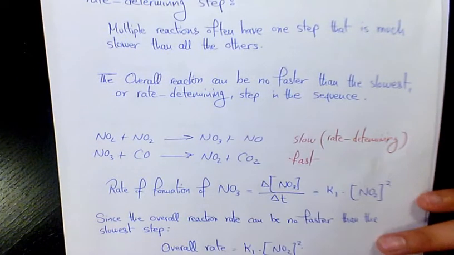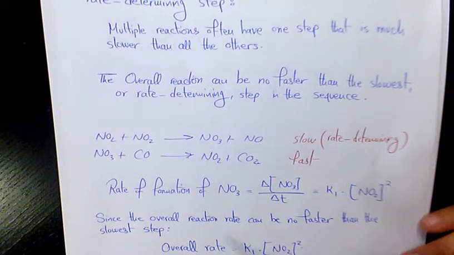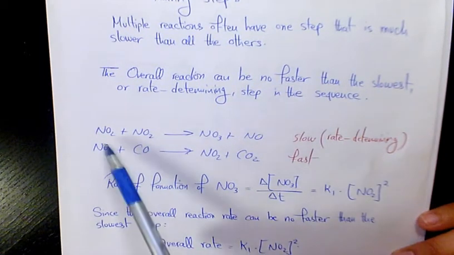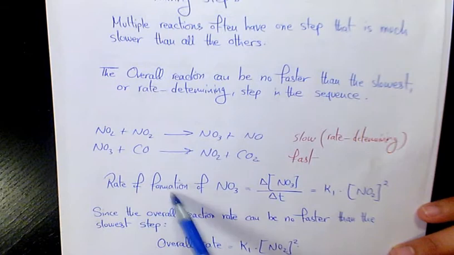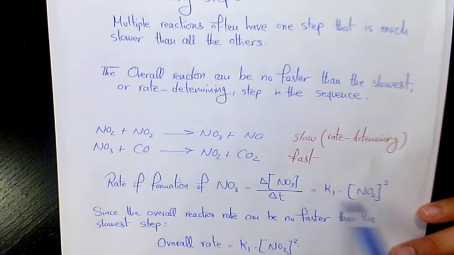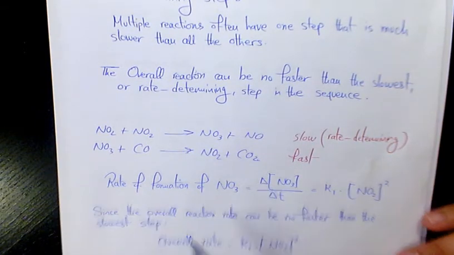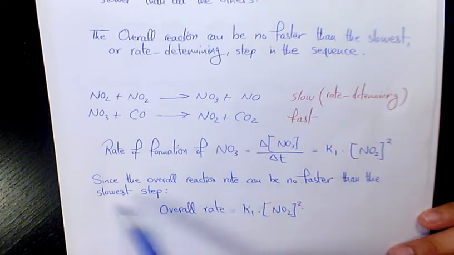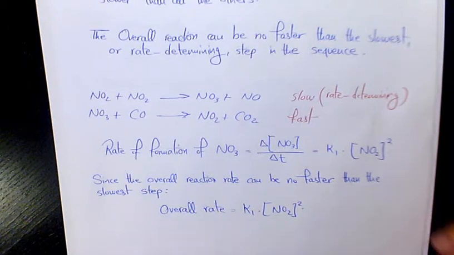For instance, in these 2 elementary steps, the first one is the rate determining step because it is the slowest one. So that's why the rate of formation of NO3 is going to be K1 times NO2 to the power of 2. And since the overall reaction rate can be no faster than the slowest step, the overall rate is going to be exactly the same as the slowest one.